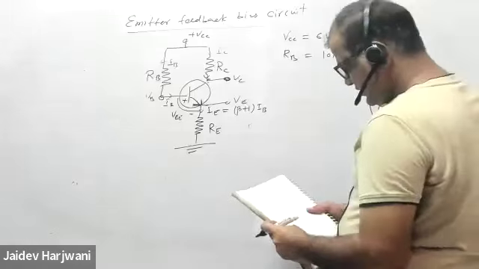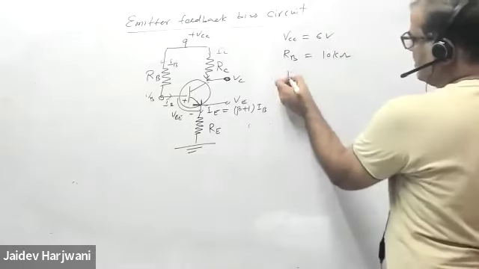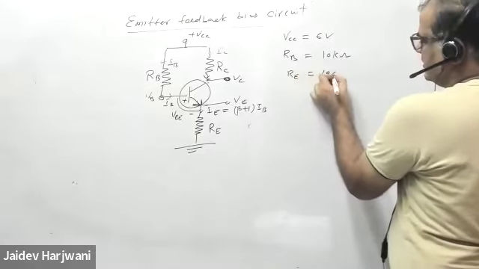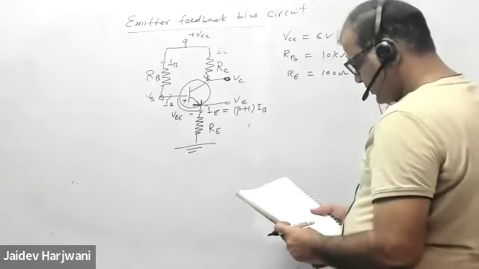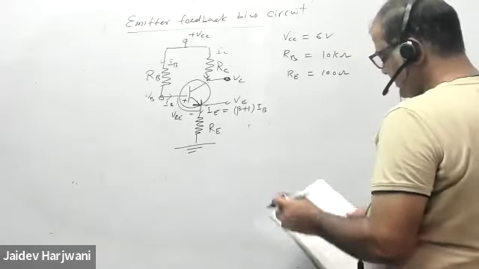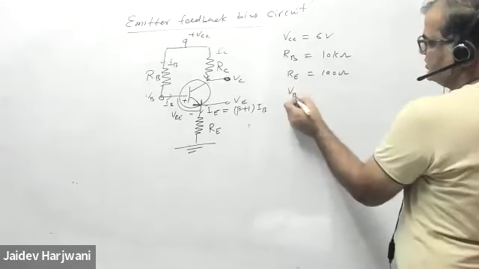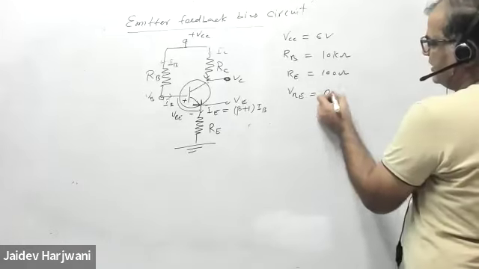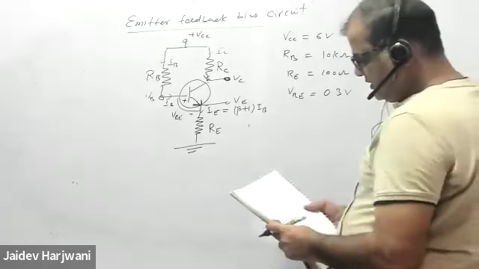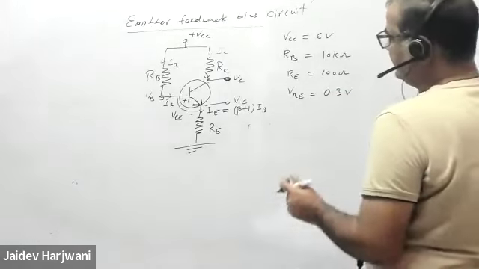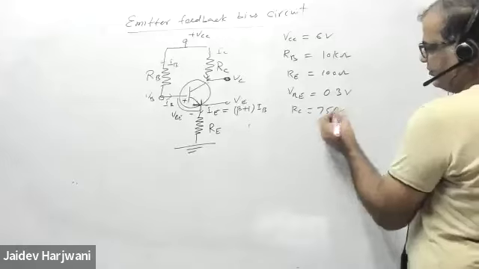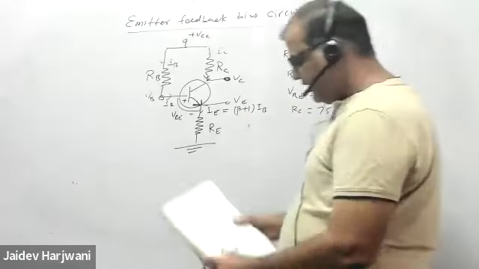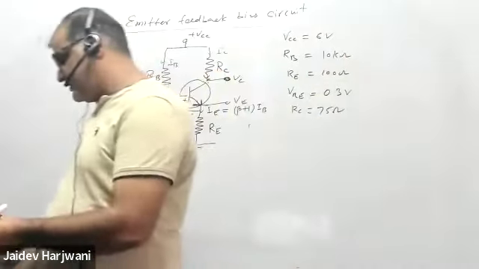And then RE is 100 ohm. And VBE, because this transistor is made of germanium, so I'm taking 0.3 volt. And I'm taking RC value as 75 ohm. Find the operating point and operation region.